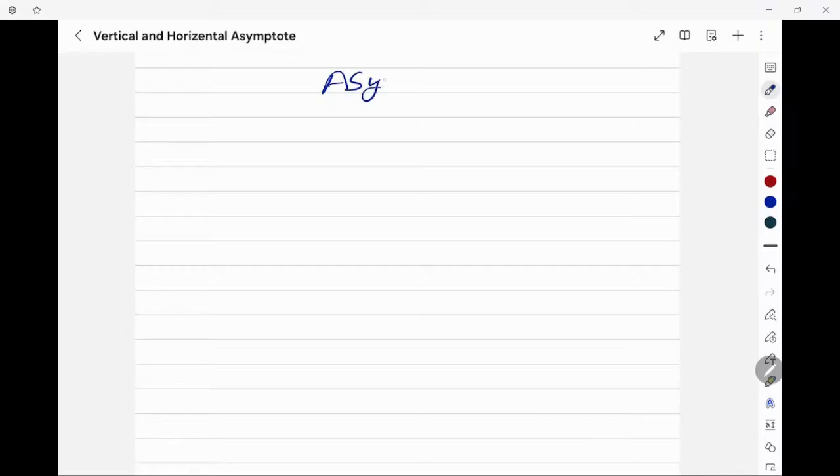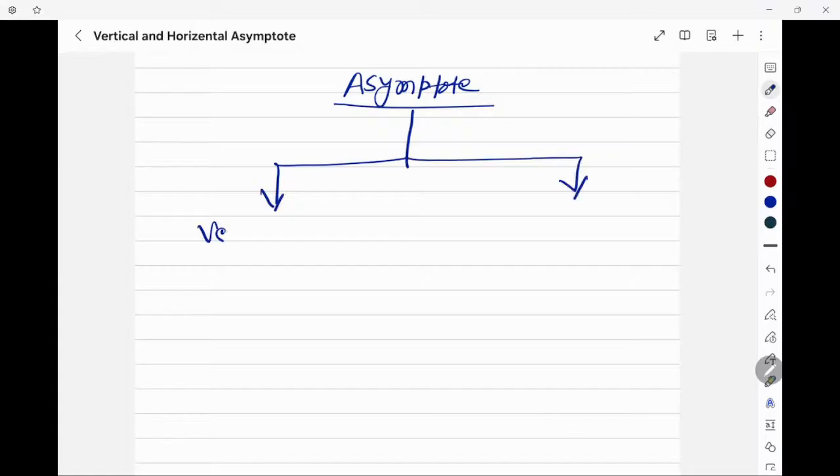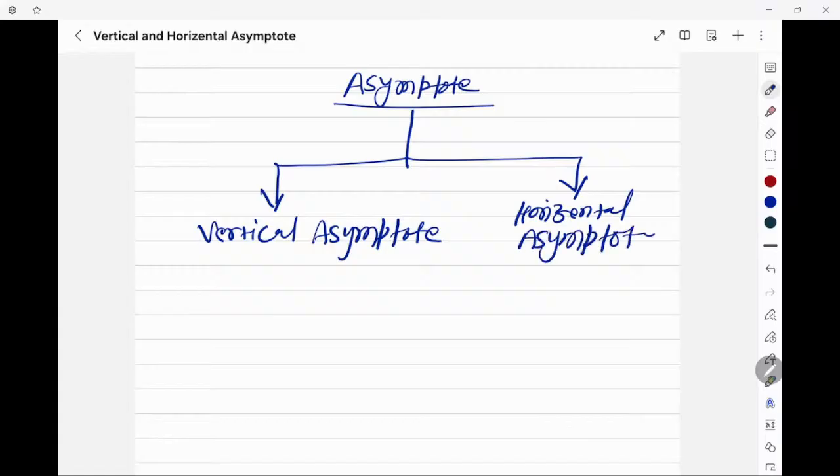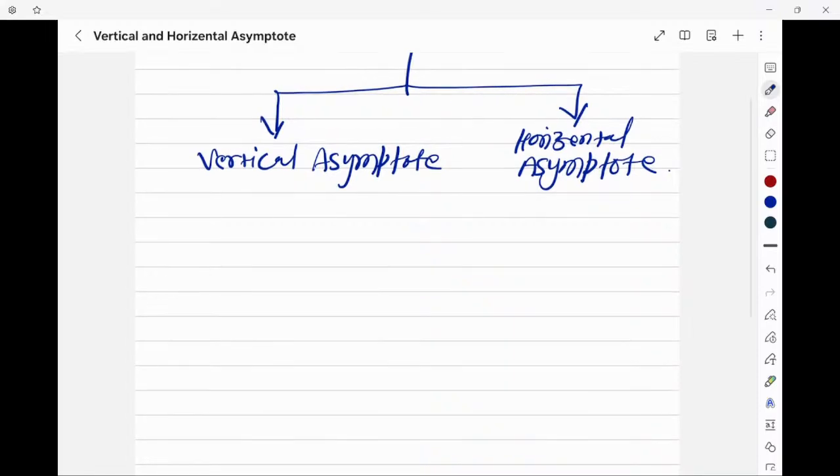An asymptote is of two types: vertical asymptote and horizontal asymptote, right?